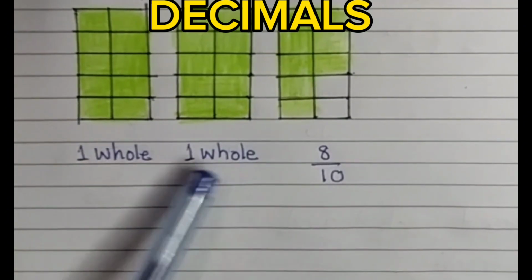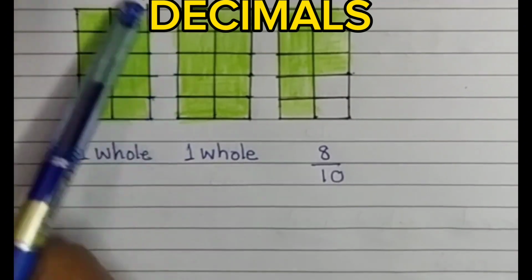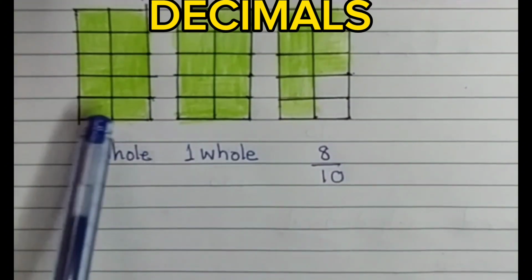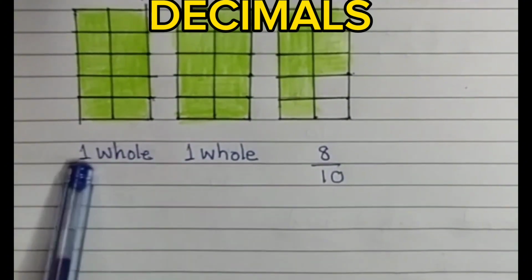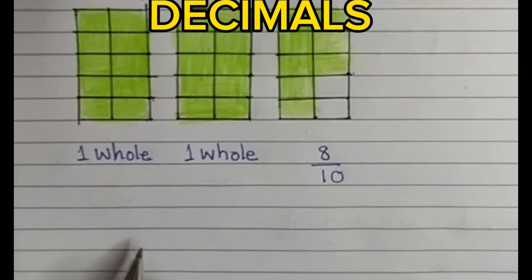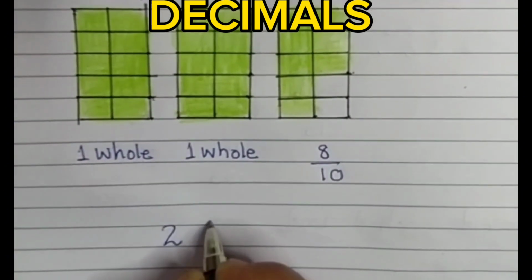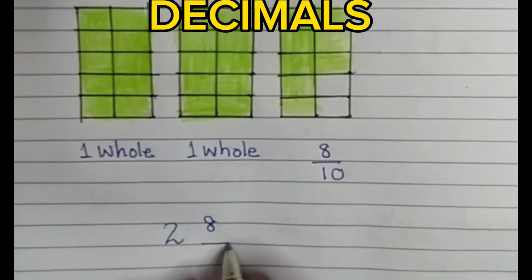So how many whole numbers are there? One whole figure shaded and another whole figure shaded. So it means 2 whole figures are there. So if I write my answer, 2 whole, 8 upon 10.